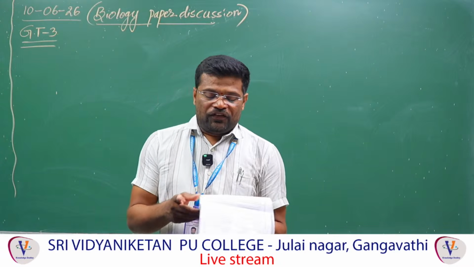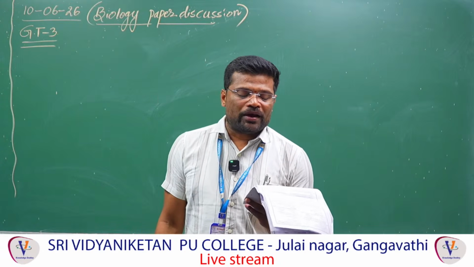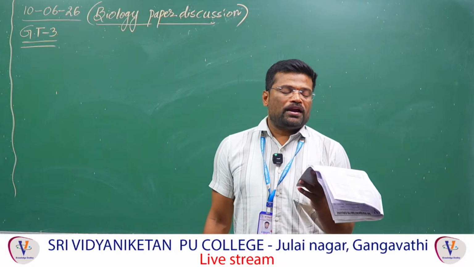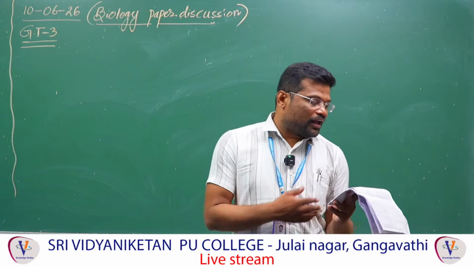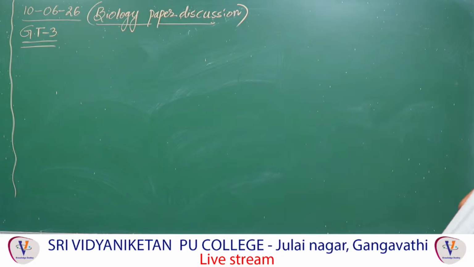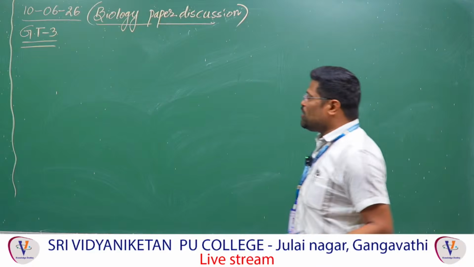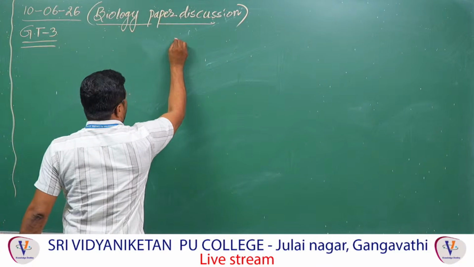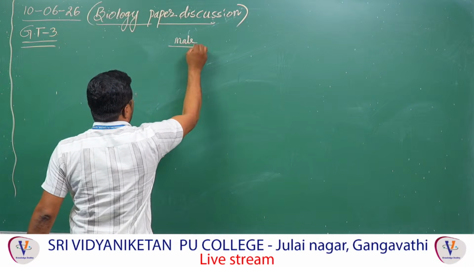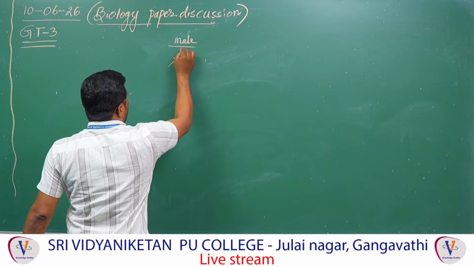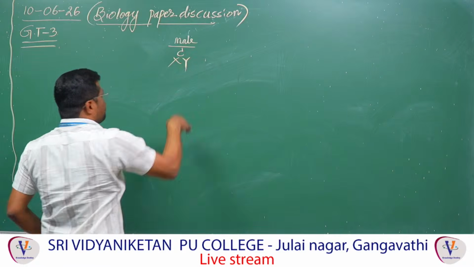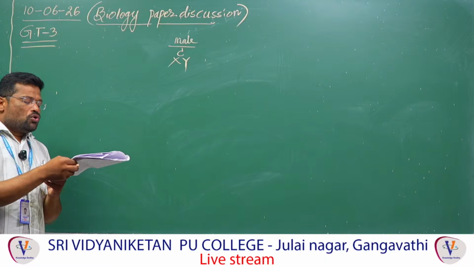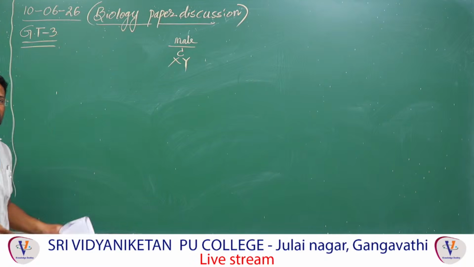Next, if a colorblind man marries a woman who is homozygous for normal color vision, the probability of their sons being colorblind is? The karyotype of a colorblind male is XY. Here the colorblind man marries a woman who is homozygous for normal color vision.